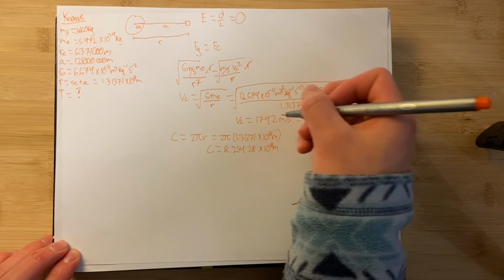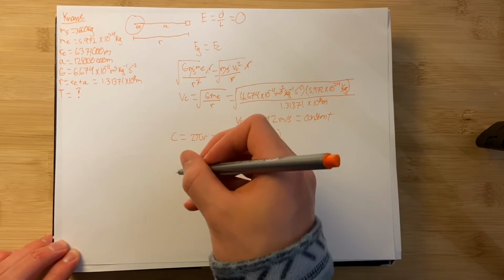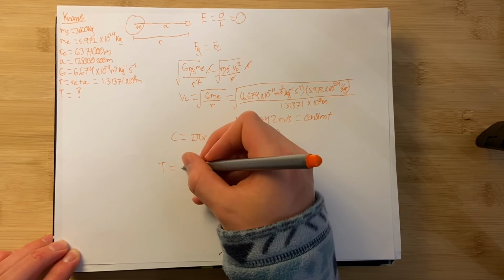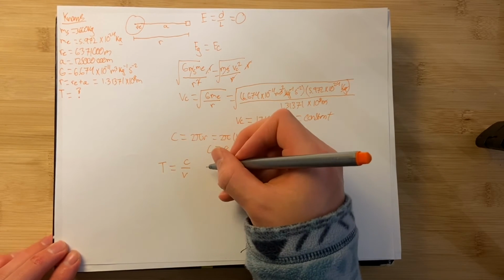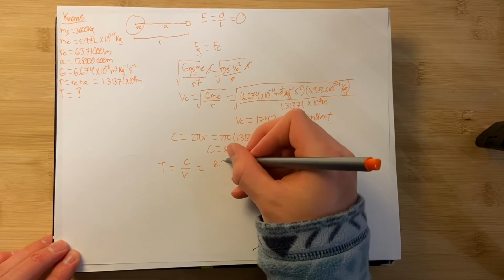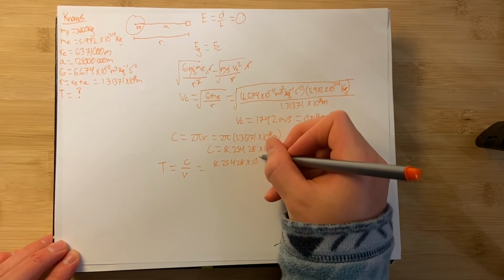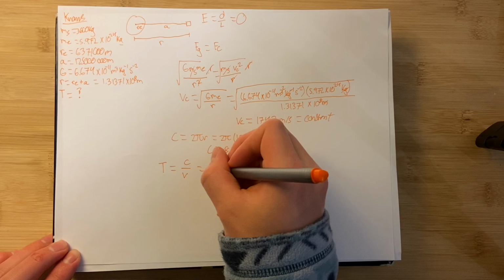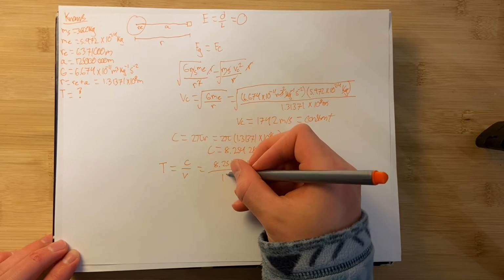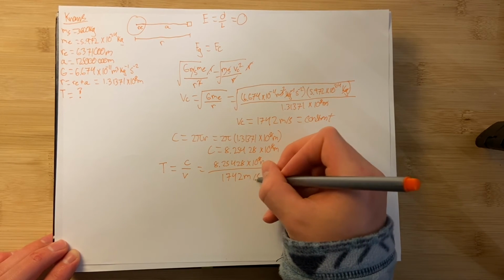Now we have the circumference and velocity. We can now solve for the period. So the period is going to be equal to circumference divided by velocity in this case. So that is going to be equal to 8.25428 times 10 to the 8 meters, divided by 1,742 meters per second.